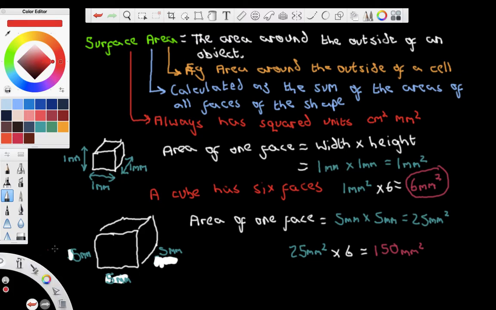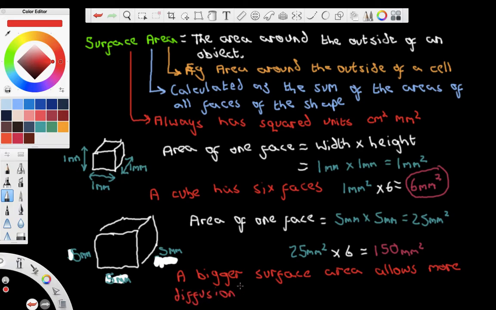So I'm going to just put now in red, a bigger surface area allows more diffusion / osmosis. We haven't spoken about that, but we will next lesson. / active transport to happen.